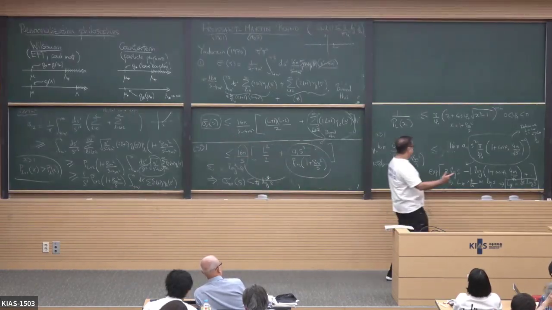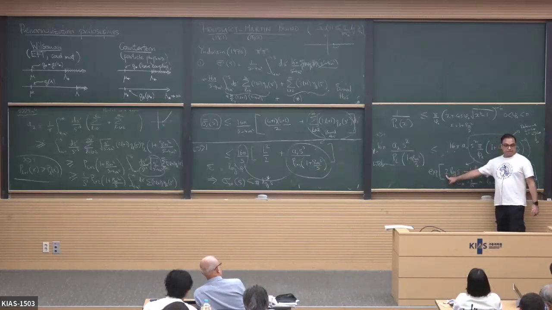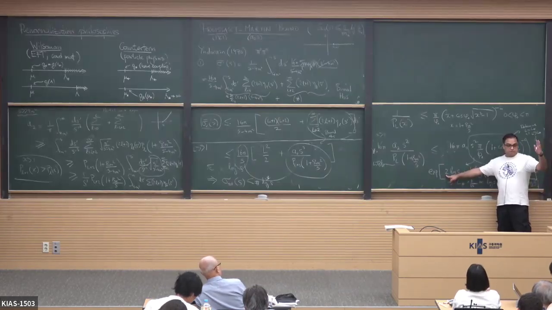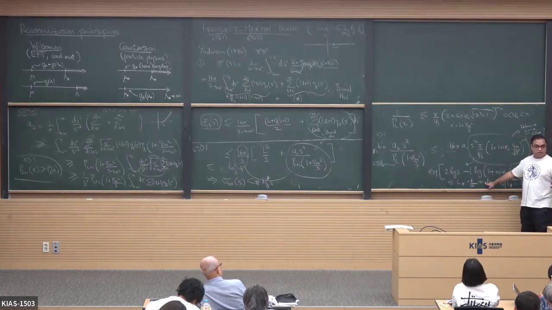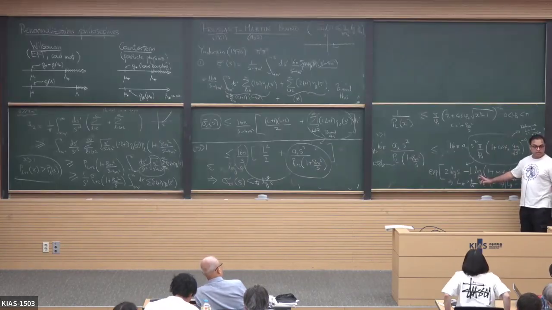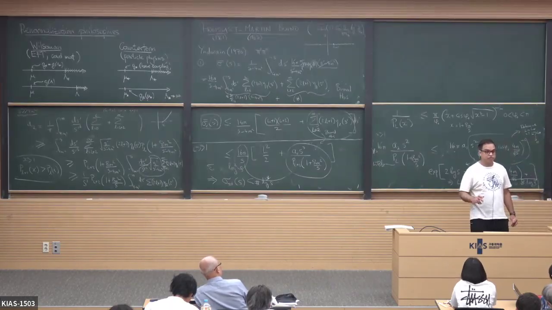Where did that 2 come from? It came because we assumed that it was s cubed. If you were to assume s to the power n plus 1, you'd see an n sitting here. The power of log does not change, the coefficient will change, and the sharpest bound appears when you have the smallest value of n allowed.